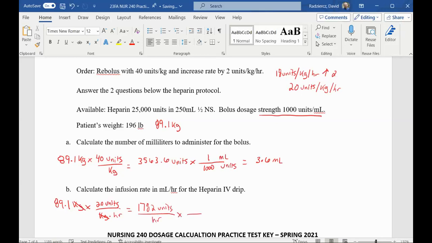Again, I'm going to use my same available. It's the same IV that they've already been connected to, which was that 25,000 units in 250 ml. And then you're going to get 17.8 milliliters per hour.